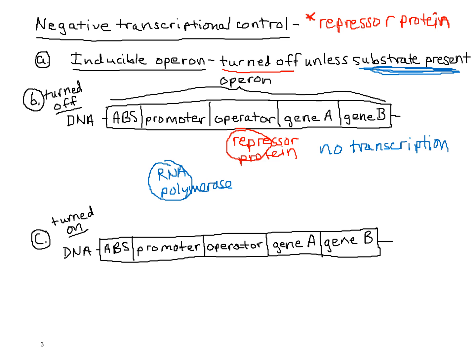We've got to get that out of the way. Remember that when things bind to proteins, they change shape. So that's what we're going to do. We're going to have our substrate, maybe it's lactose in this case, bind to the repressor protein, and that'll change the shape of the repressor protein, and then it'll fall off the operator, and that'll get it out of the way. So let's go ahead and draw that.